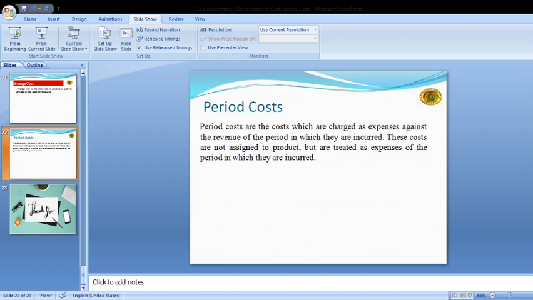So today we have discussed important cost classifications, starting from elements, that is material, labor, overheads. Then we have seen control related classifications.